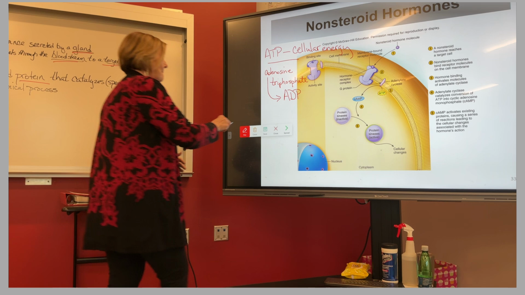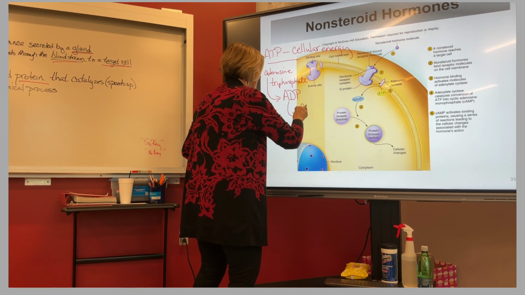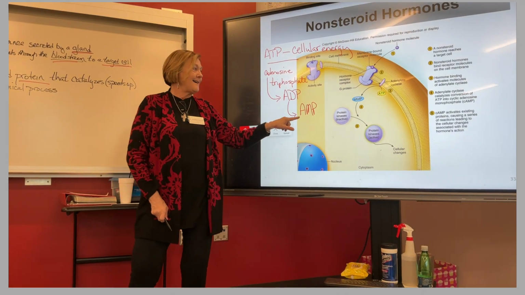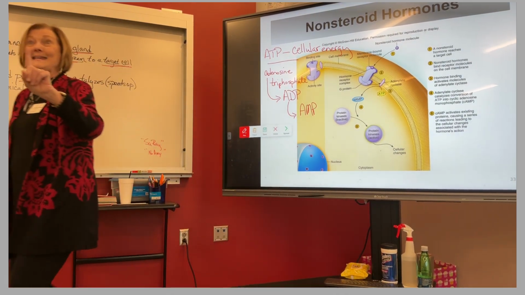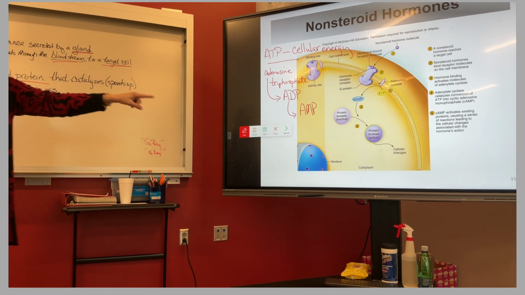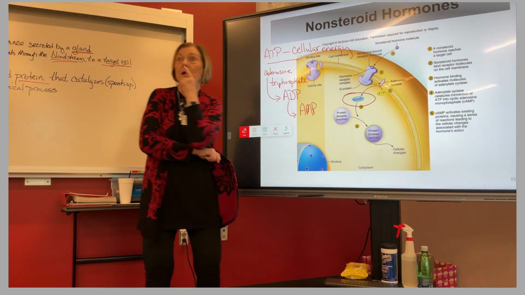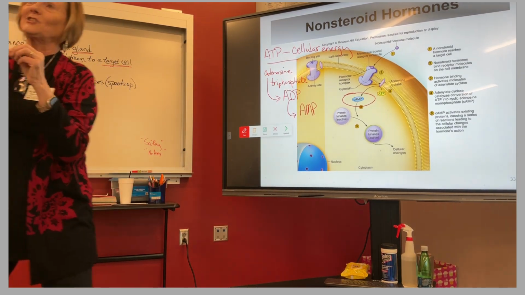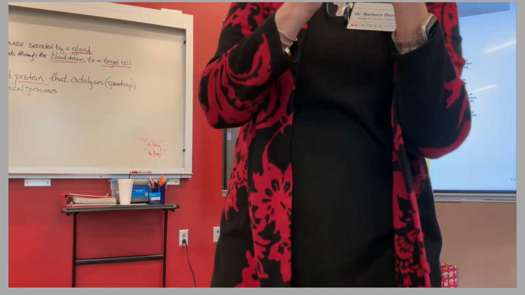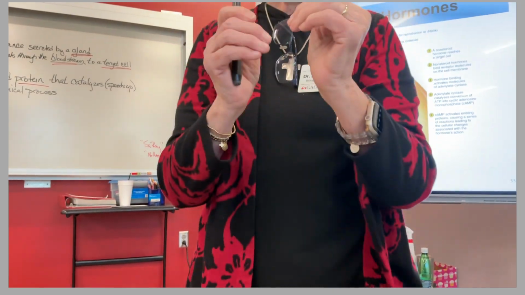Okay? Any guesses? One, it's mono. So that is AMP. Do you see this? There's a little C in front of it. Nobody will ever ask you this, that C stands for cyclic AMP.